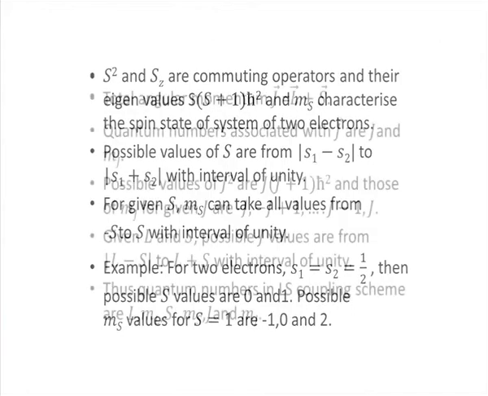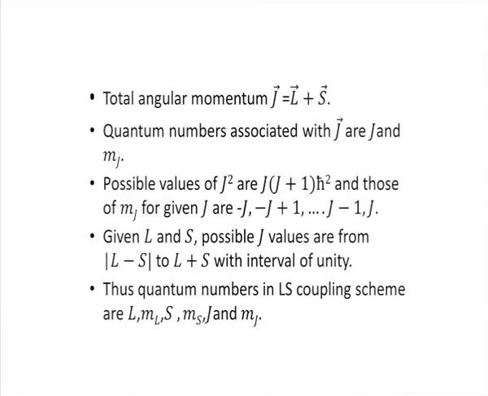Total angular momentum J is L plus S, and quantum numbers associated with J vector are J and Mj. Possible values of J square are J into J plus 1 h bar square, and those of Mj for a given J are minus J, minus J plus 1, up to J minus 1, J. Now, given L and S, possible J values are from modulus of L minus S to L plus S with the interval of unity.